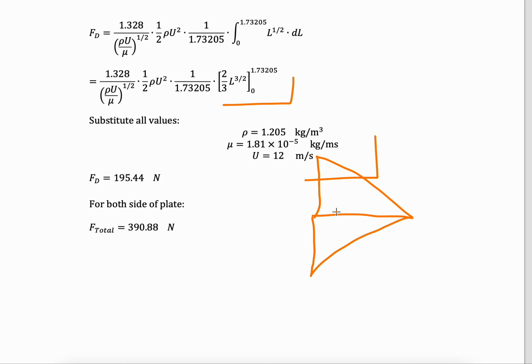If you are calculating this from your experiment, the boundary layer will occur on both sides, on this surface and also at the back. So you need to multiply again by 2 because it reflects the total force that occurs on that triangle.